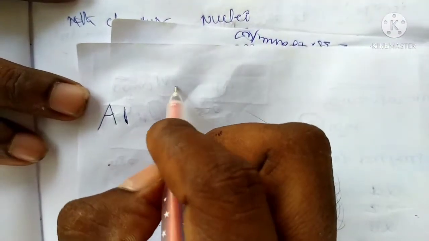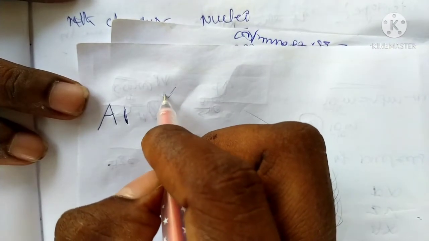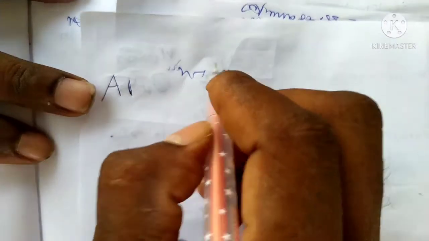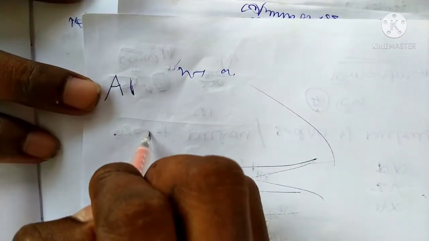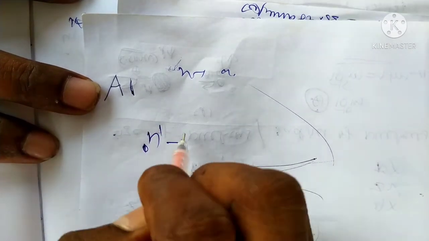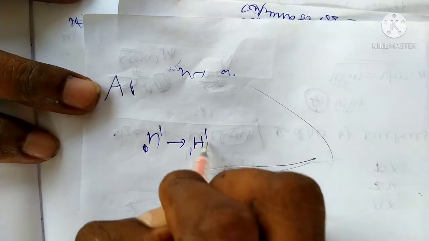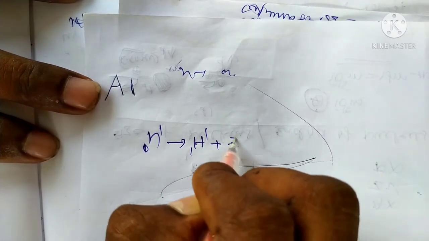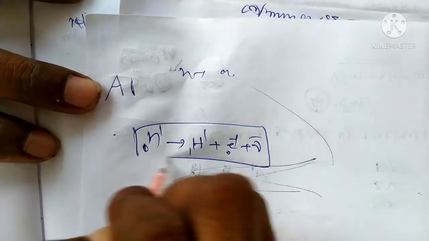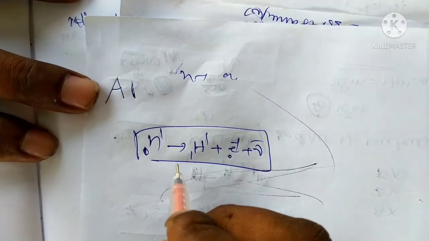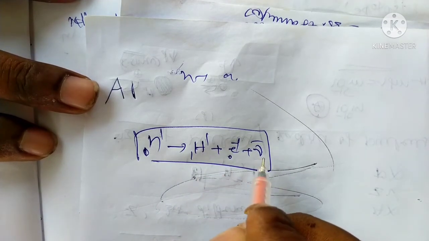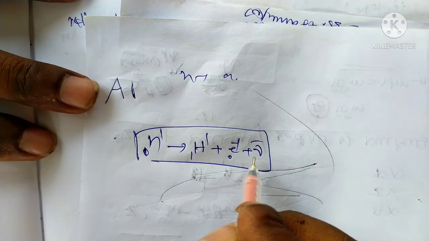Also, a neutron decays into a proton. That is, neutron 1 0, with neutral charge, gives rise to a proton 1 H 1 plus one electron plus one anti-particle. The neutron gives one proton, one electron and one anti-particle, an elementary particle called a neutrino.